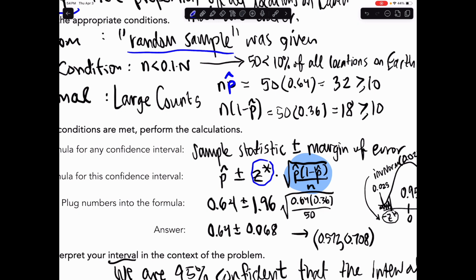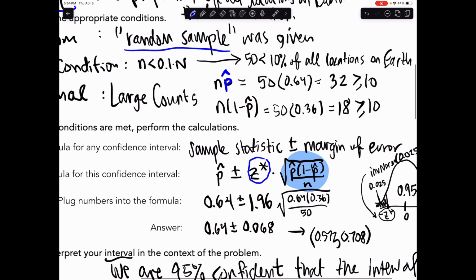So it controls the size of this number, right? In blue, this is just basically the standard deviation of P hat. It's not exactly because it's supposed to have P in here, if you remember from chapter 7, but we don't have P. So we have to kind of estimate it.